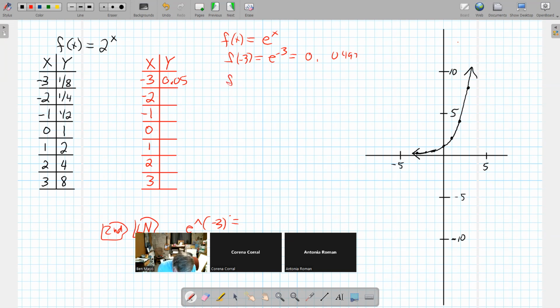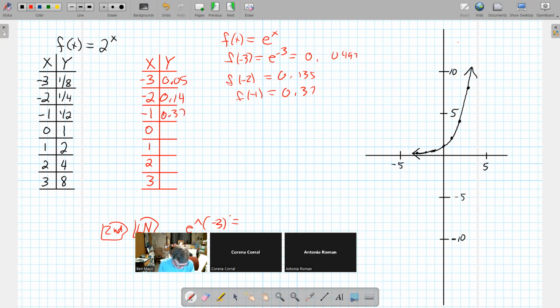Then I'm going to find f of -2. Same thing. I get 0.135, so we'll make that 0.14, again rounding off to the 100th place. F of -1 is 0.367, so 0.37.